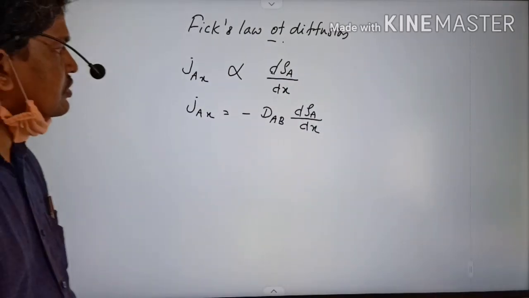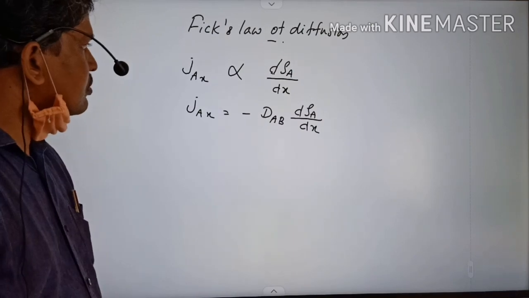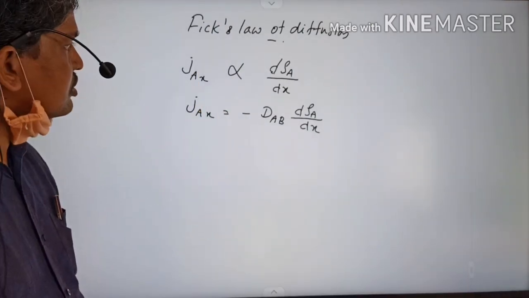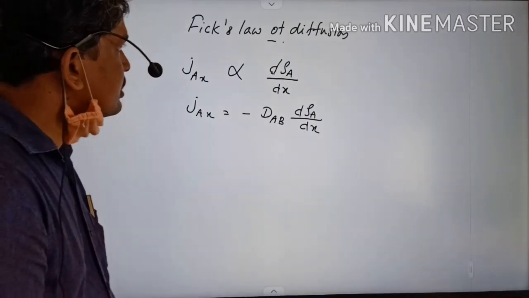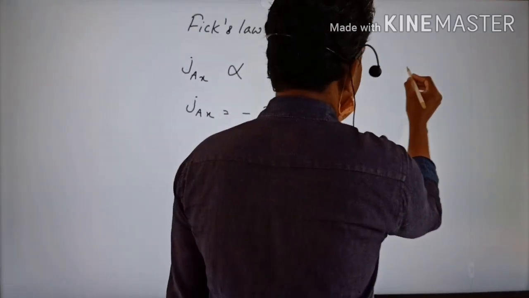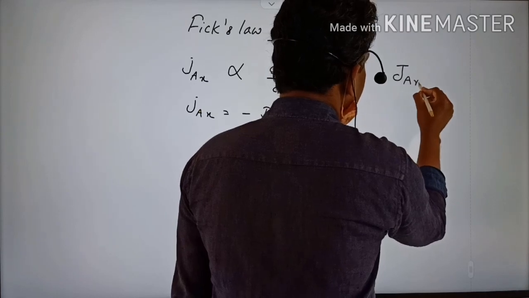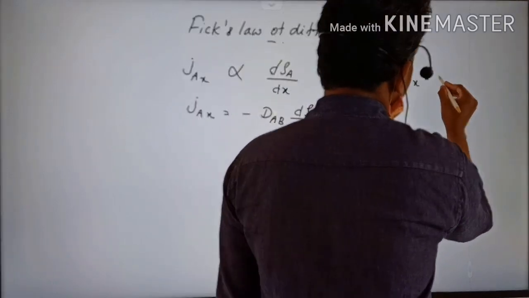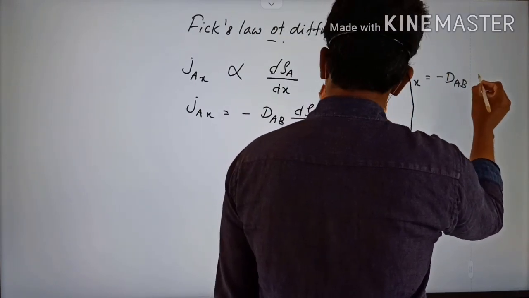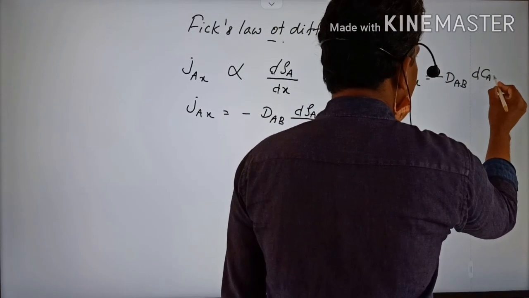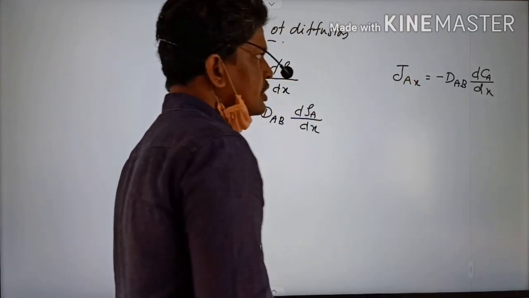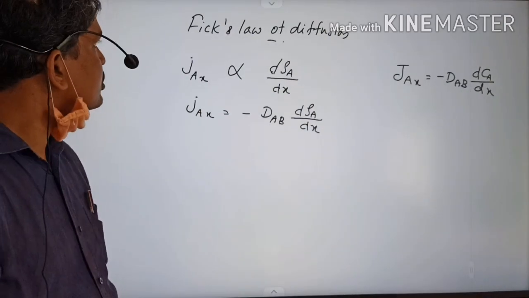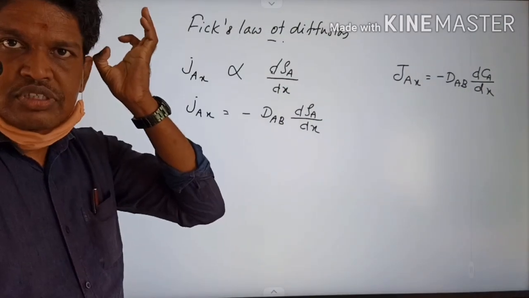This is based on the mass. Then based on the moles, you can write Jx is equal to minus DAB into dCA by dx. This is the Fick's rate equation in two forms. One is based on the mass and the second one is based on the mole.